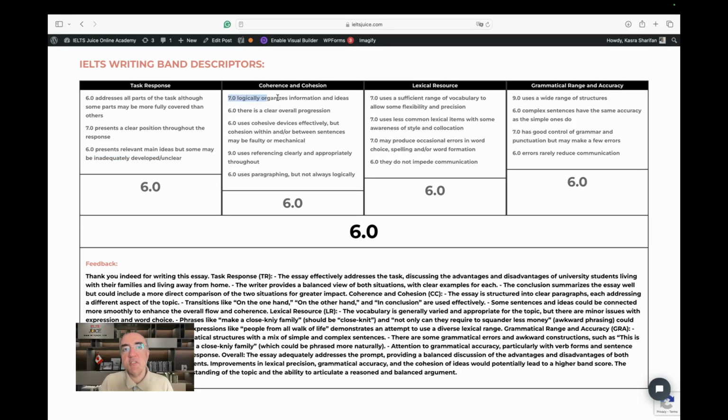The presentation of information is logical. We first talked about the first situation, then the second situation, according to the rubric: you stay at home, first paragraph, you move away, second paragraph. There was a logic. And we first talked about the positive things and then the negative things. Again, there's logic. But the progression, the framework is there, but the progression in the sentences, in the paragraphs, I wanted a better progression.